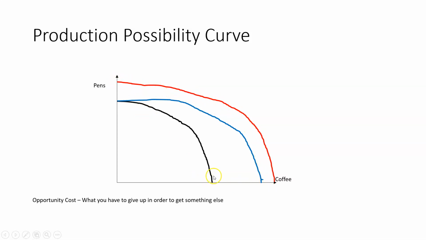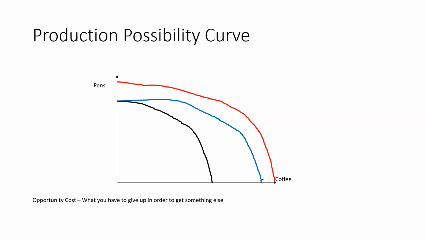And so you'd see a shifting out along both axes, and we'd get this red production possibility curve. The red production possibility curve represents economic growth. We have more of everything. All right, and that's a good thing. We want more of everything, but we have to be careful how we do it.